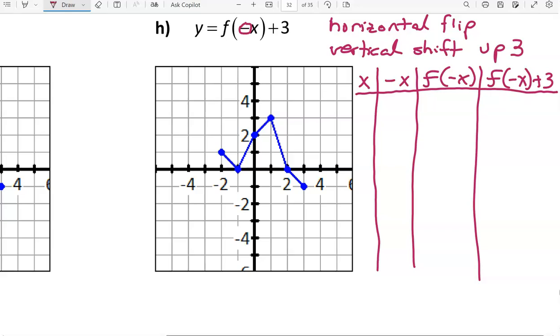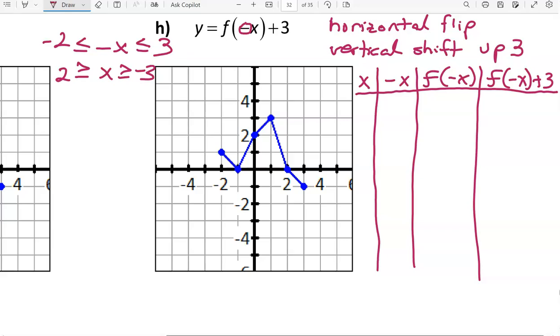So our domain for f of x is the interval between -2 and 3. So for f of -x, our input changed. So that means that -x is somewhere in between -2 and +3. If we divide through by -1, that gives us 2 is greater than or equal to x, which is greater than or equal to -3.